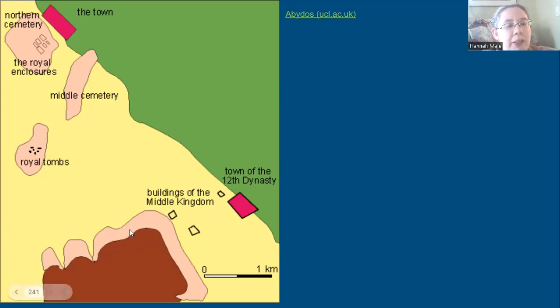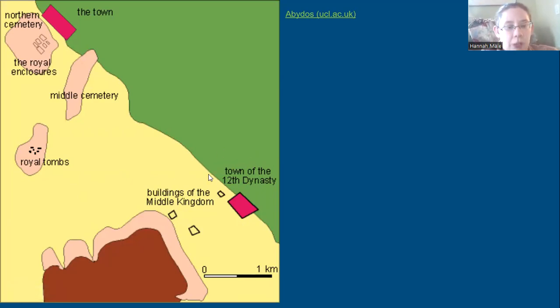This is the main part of Abydos that you really see develop in the Middle Kingdom. And this is the town that's basically founded by the state, because it's not on this map, but you do see Middle Kingdom royal mortuary complexes in this general area.